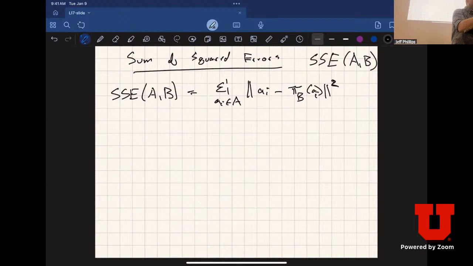So for every data point, I'm going to look at how far it is from its projection onto a subspace. I'm going to take that distance, square it, then add these things up.